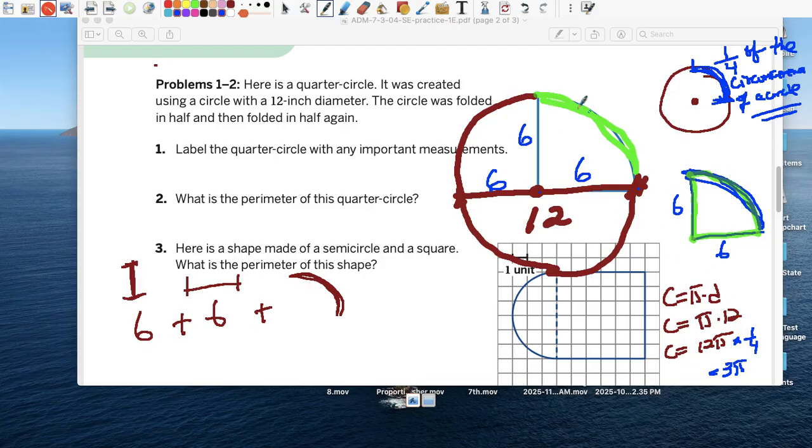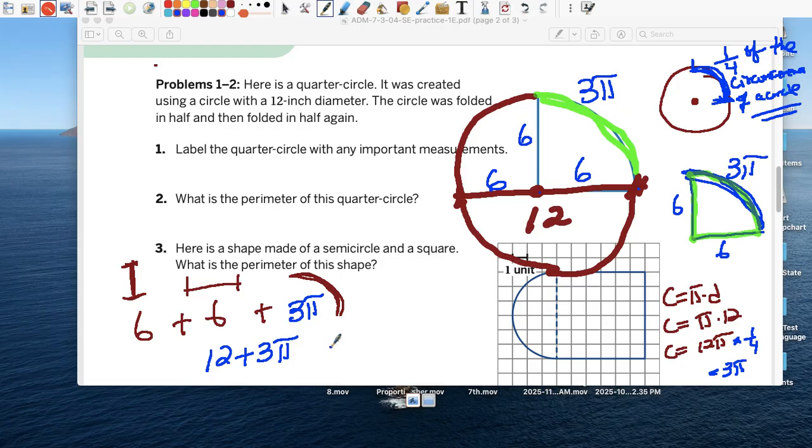So this section right here, the green one, measures 3 pi, and I can go here and say it measures 3. I'll leave it in terms of pi right now. Okay. So it's the 6 plus the 6, and this 1/4 circle is 3 pi. So if I were to combine these, well, 6 plus 6 is 12. And if I leave the other one and don't change it, it's 3 pi.